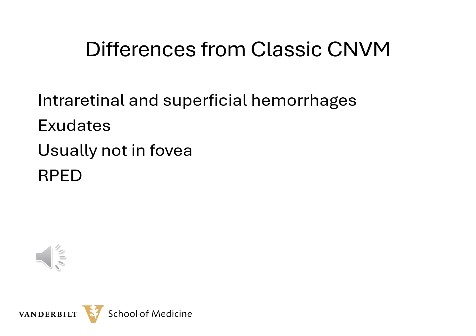Also, the type 3 membranes oftentimes will have hard exudates, and these are not a classic finding in type 1 and type 2 membranes. Also, many of the lesions are not in the fovea because they are arising from the capillary plexus, and you don't have that right in the fovea. And then also, there's a retinal pigment epithelial detachment.